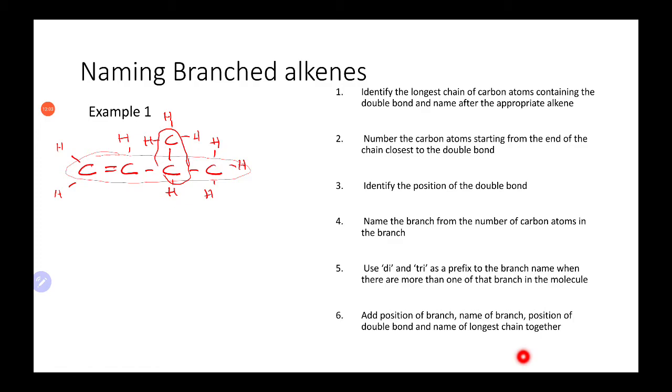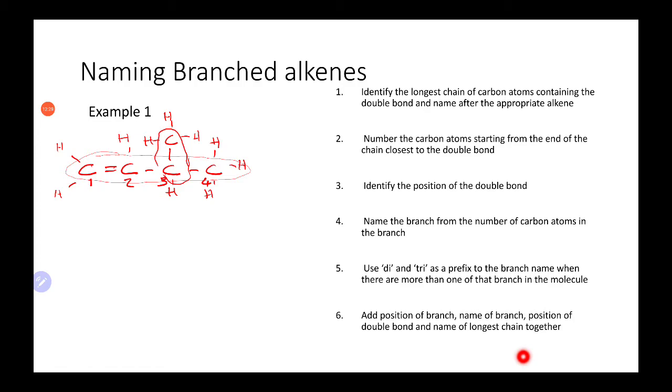Number the carbons starting from the end closest to the double bond. Unlike the alkanes, where we wanted to number closest to the branch, with the alkenes we want to number closest to the double bond. The reason for that is because the double bond has more of a say on how the alkenes behave.